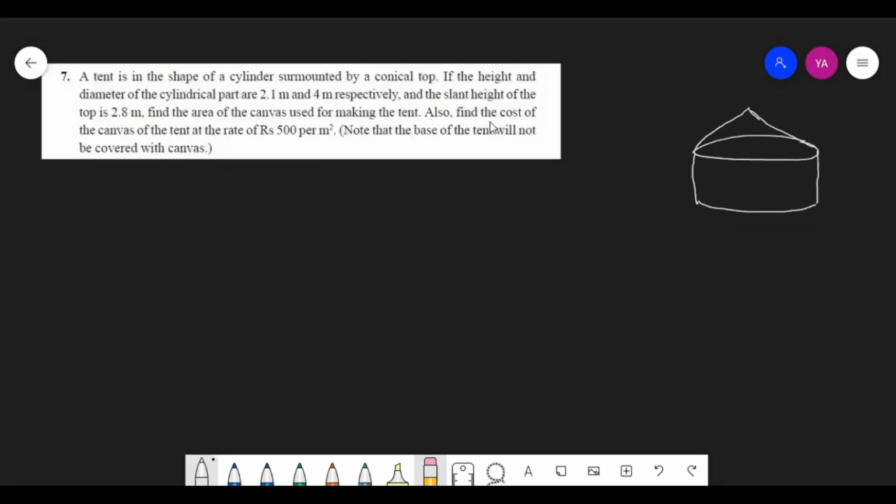In the case of a tent, we don't have to consider the base, because when we put canvas, there is no need for that. So the given measurements we can mark in the picture. The height and the diameter of the cylinder are given.